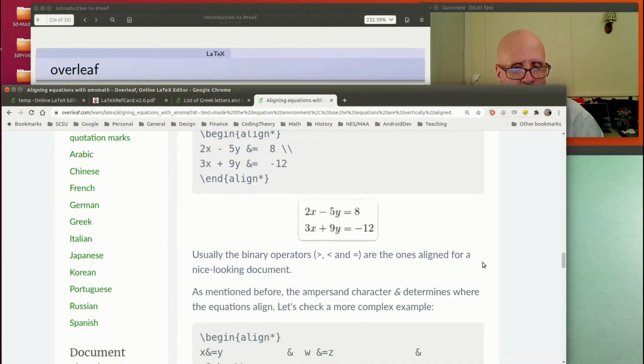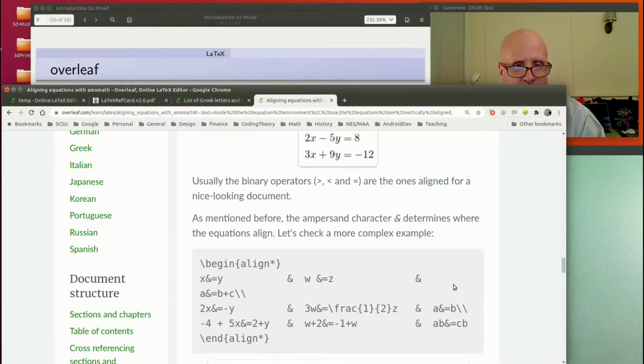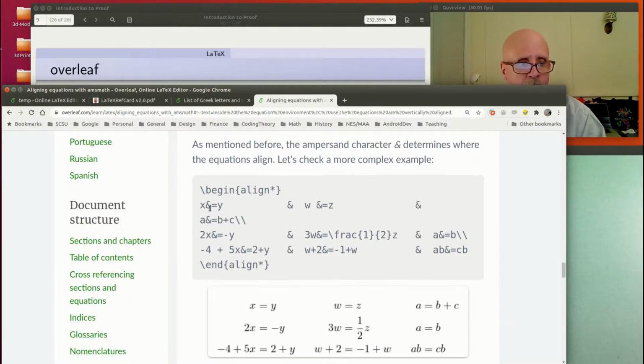And you can use the align environment for things beyond that. For instance, look at the code that they've shown here. X, the alignment symbol is the ampersand, equals Y, and W, alignment equals Z, and the line break doesn't matter, so this is still part of the same line.